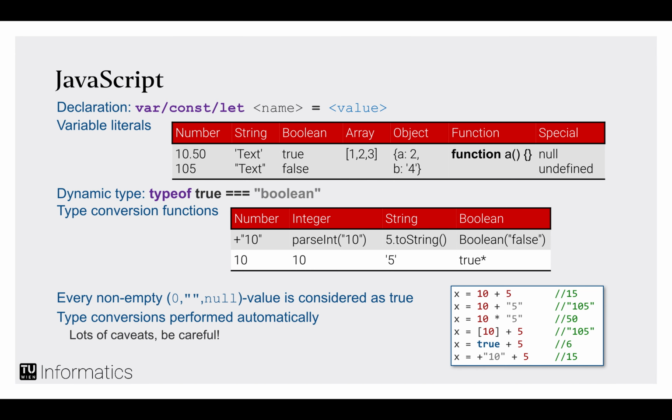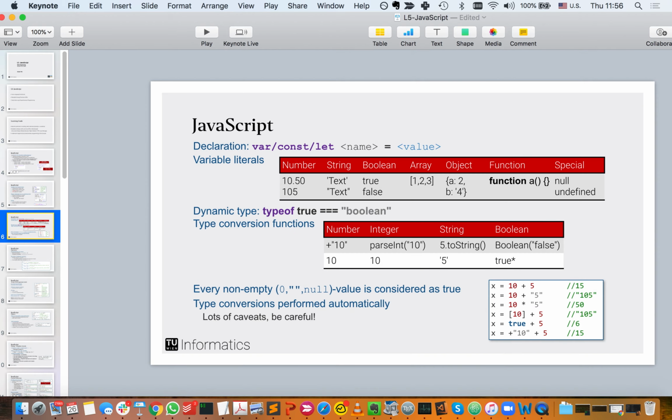Okay, and the literals we have within variables in JavaScript, the most common ones, are number, string, and Boolean. Then we have the more complex types, namely array and object. And the interesting thing with JavaScript is, and we're going to go into that in a couple of slides, functions in themselves are also literals. They can be values that you pass around. And then there are two special values. One is null, that you can definitely assign, and one is undefined. Let's quickly go back and look at that also.